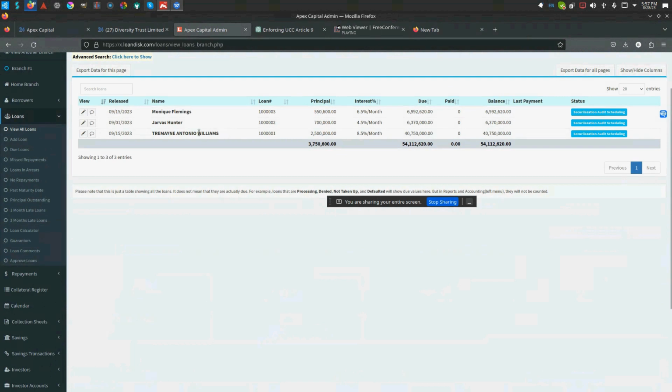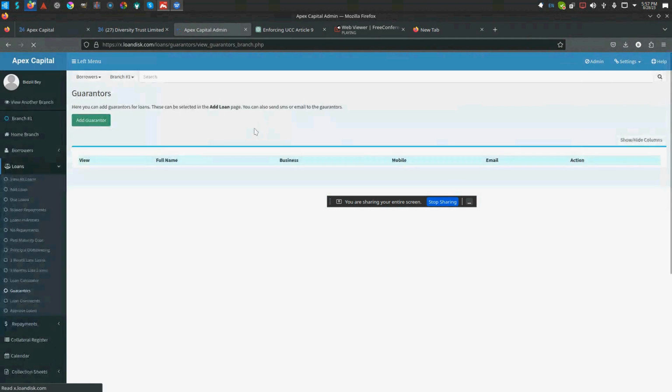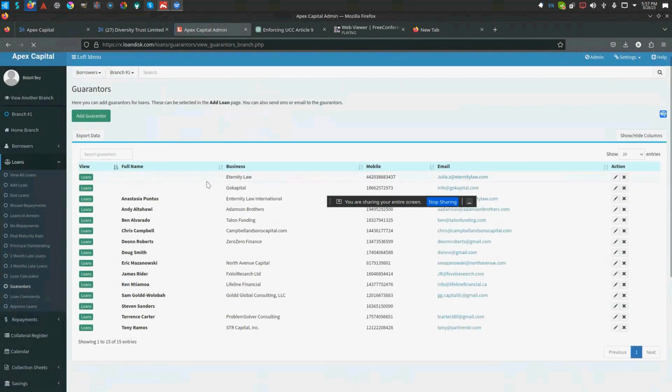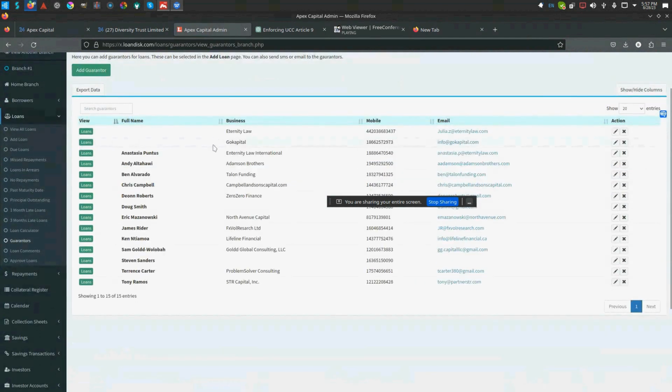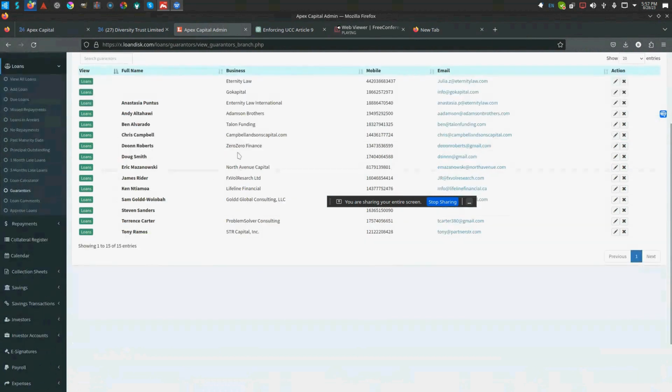Let's see how many guarantors want to be involved with this particular loan. So we go to our list of guarantors. Okay, here's our list. We got Eternity Law, Go Capital. I think most of those loans are with Go Capital, but we got quite a few guarantors that are involved. And the guarantors are Go Capital and lenders in that capacity.